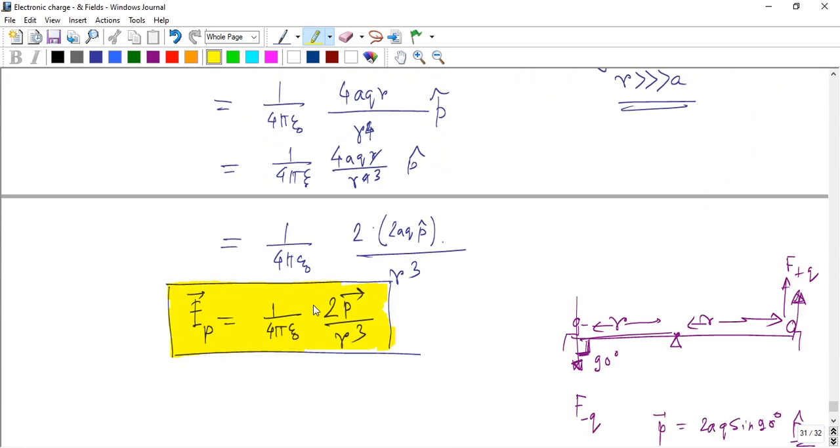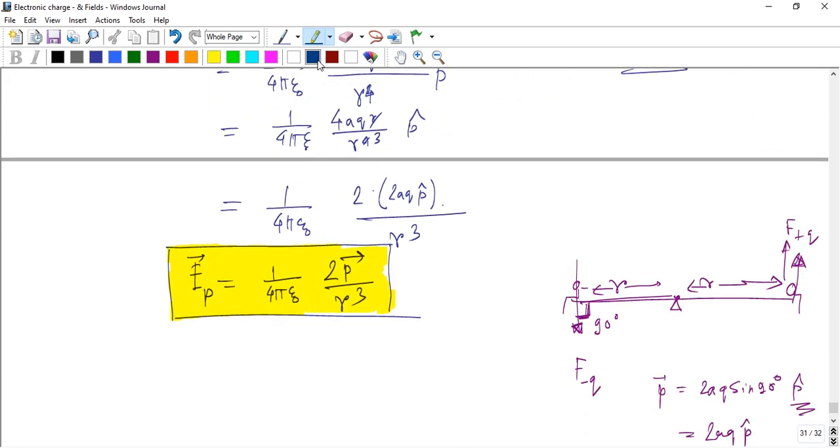Now the important factor here is that we apply the boundary condition, that r is much greater than a, in that case. Next we will calculate for the point on the equatorial plane. That's a very important point, the equatorial plane.